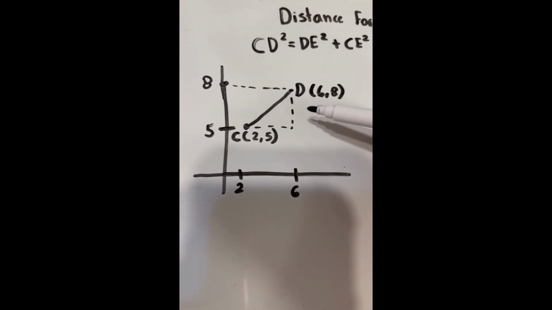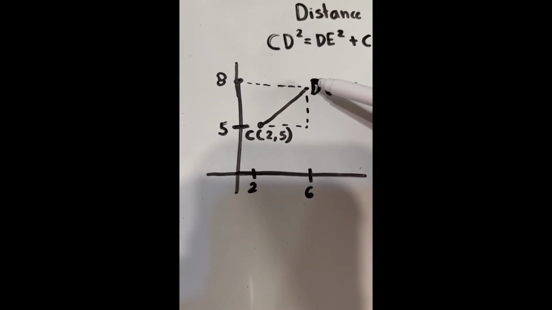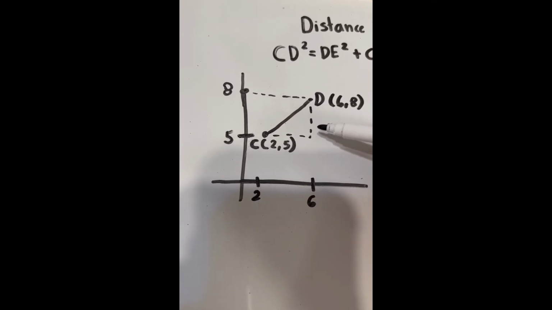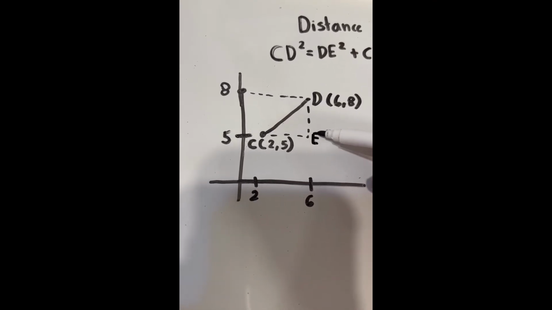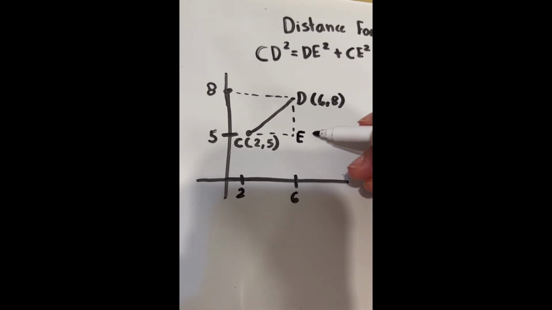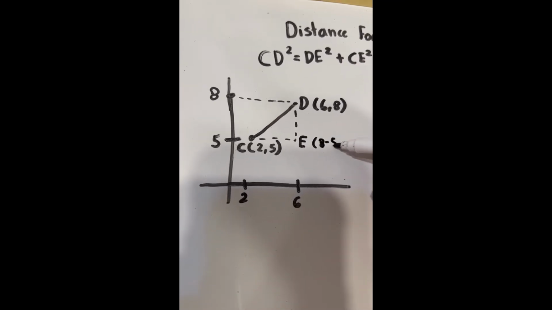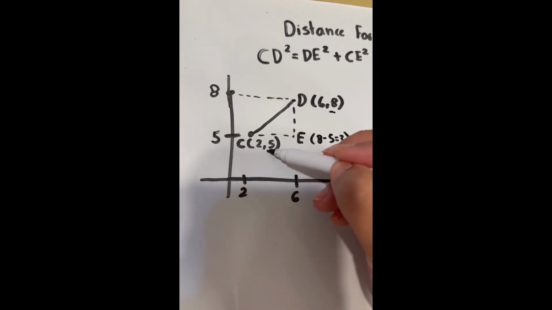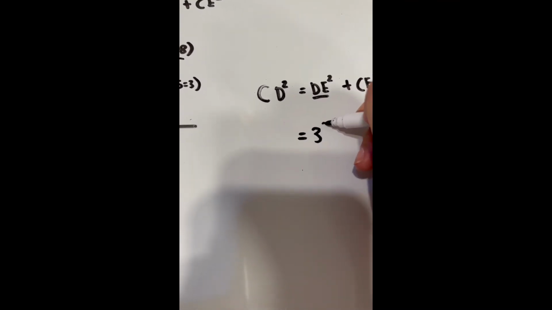So first, we need to figure out the distance between D and E. So here we can see that we were only given 2 points, C and D, but we can make a right triangle and connect it to E to figure out the distance. In this case, it would be 8 minus 5, which gives us 3. So DE squared would be 3 squared.